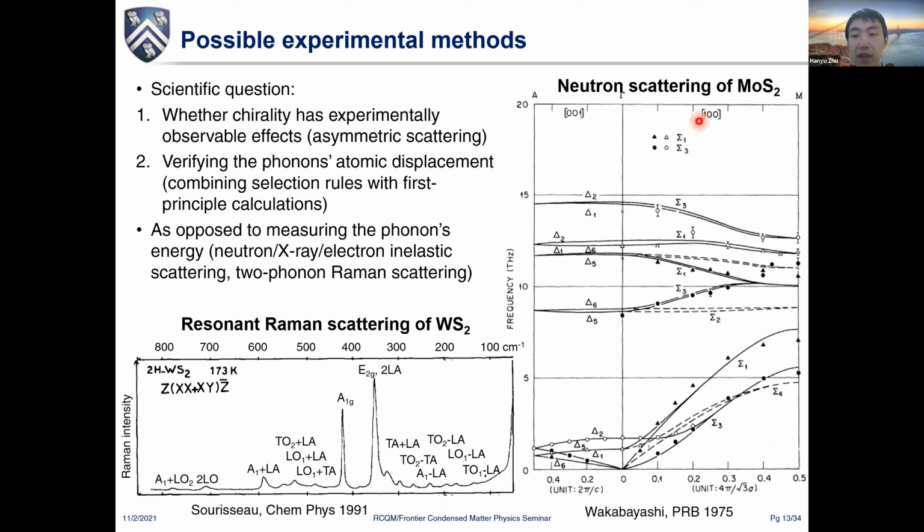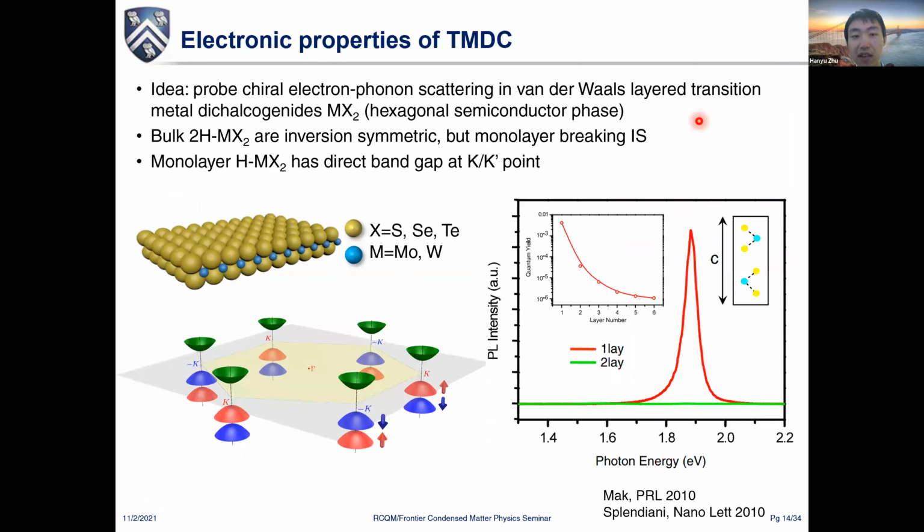Then we have to find something that does break inversion symmetry. And that will be very difficult for neutron, at least in this case, because they're going to be single molecular layers. So we're looking at so-called transition metal dichalcogenides, or sometimes people just colloquially call them 2D materials.